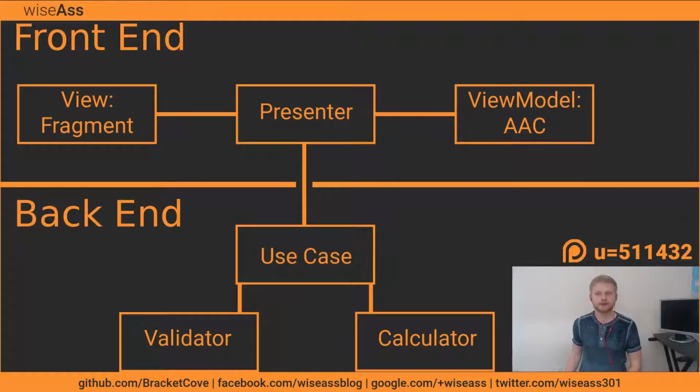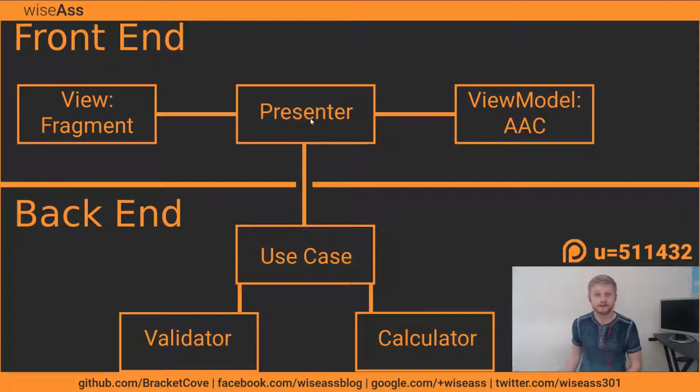Let's jump in. Okay, so as a quick refresher, our front end consists of three primary parts. So we have a view, which will be a fragment, and the view is responsible for rendering and binding the user interface. We of course have a presenter, which will be as plain of a class as we can keep it, although it will have some RxJava logic in there.